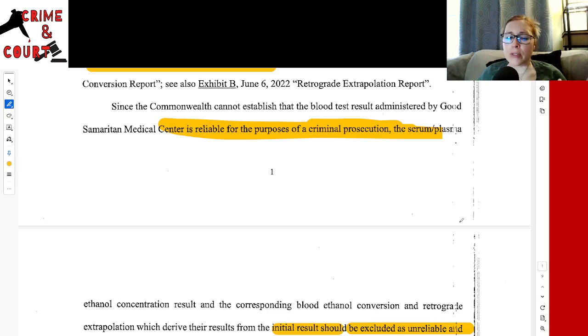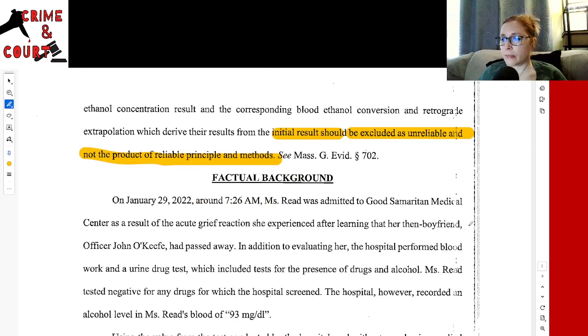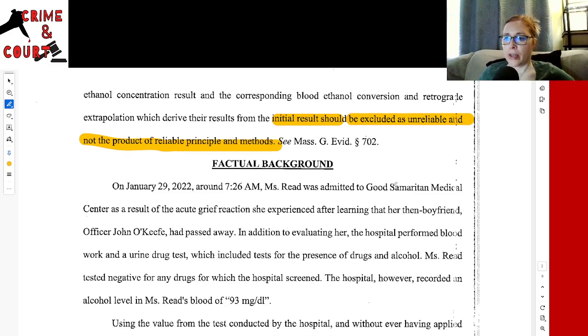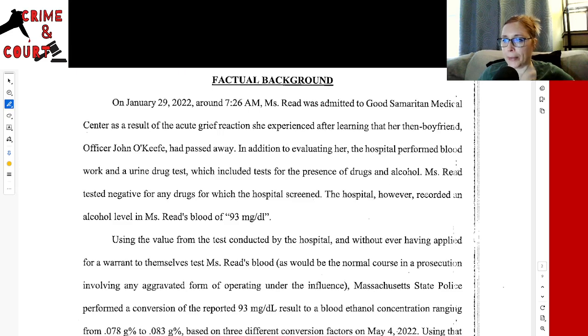To me, that makes it a total guess because it was a huge range of what her alcohol percentage could be, according to the Commonwealth's experts who got this test result that was done in a hospital protocol manner and not a criminal prosecutorial type of manner where you would do it in a different way.